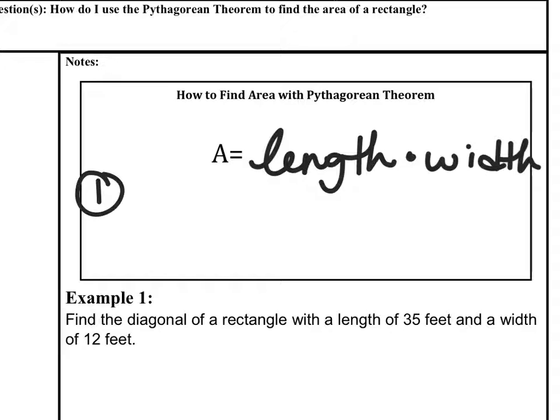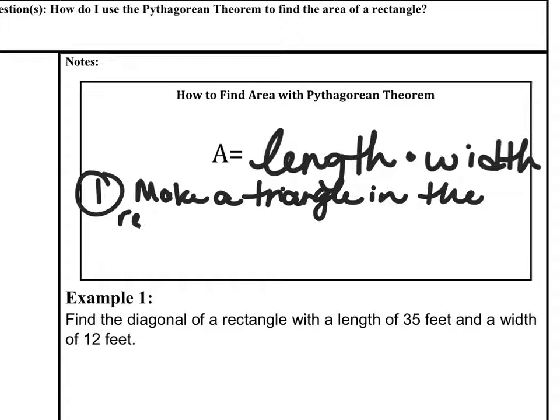What you're going to do is make a triangle in the rectangle and find the missing side.